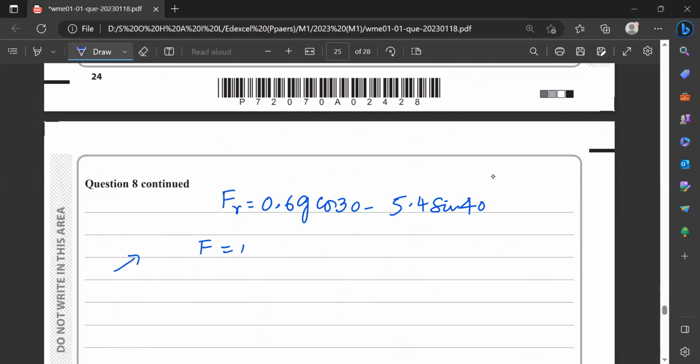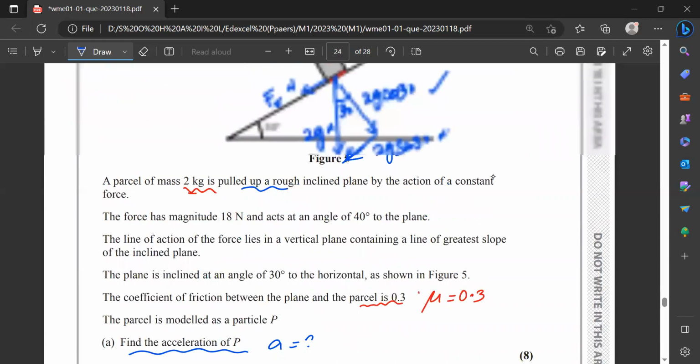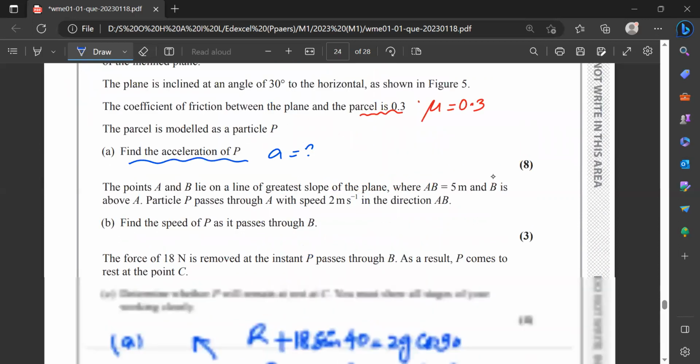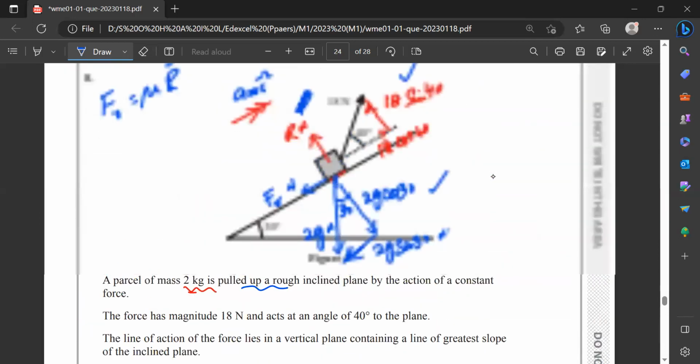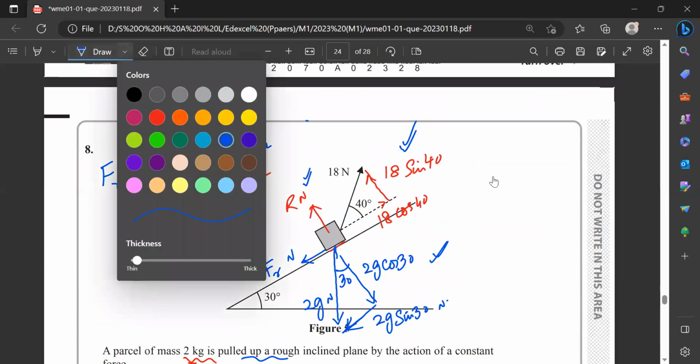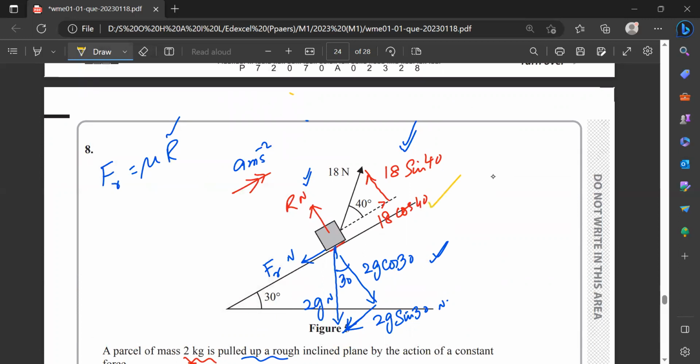Moving up, F equals ma. So forces in the direction of motion: in the upward direction, it is 18 cos of 40 minus the component of weight, 2g sine 30. Just highlighting, in the direction of motion, this is opposite and this is opposite.